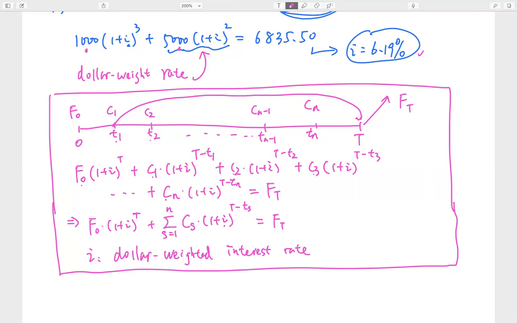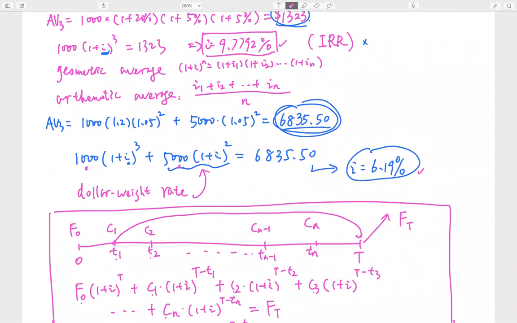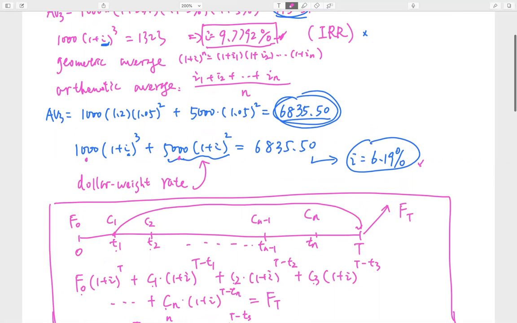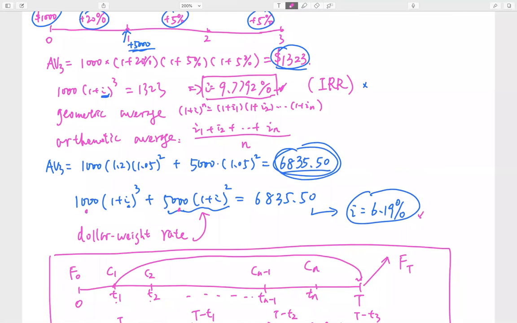And as we can see from the example down here, using dollar weighted sometimes gives us a false intuition. So far, this and this are dollar-weighted interest rates, exactly what we did using this general formula. But in the end, those two funds are identical, but we arrived at two different interest rates: about 10% for the first one, about 6% for the second one.